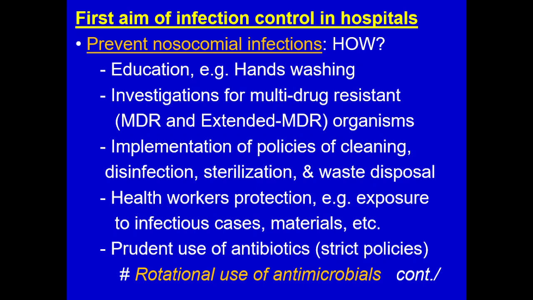Health worker protection. Health workers are very prone to get infected, and you have seen it during the tsunami of COVID-19. Many doctors, many healthcare workers, unfortunately, died due to the transmission of the infection.